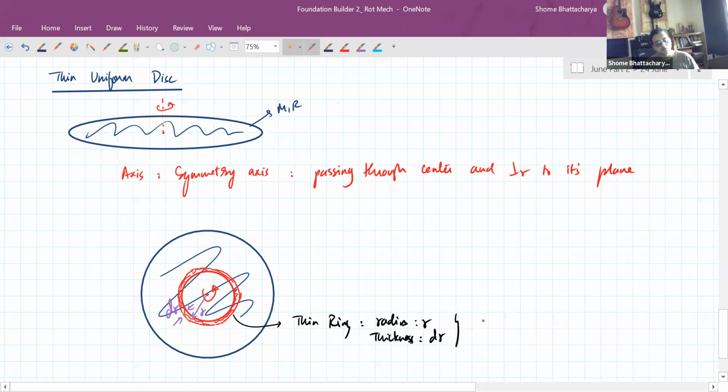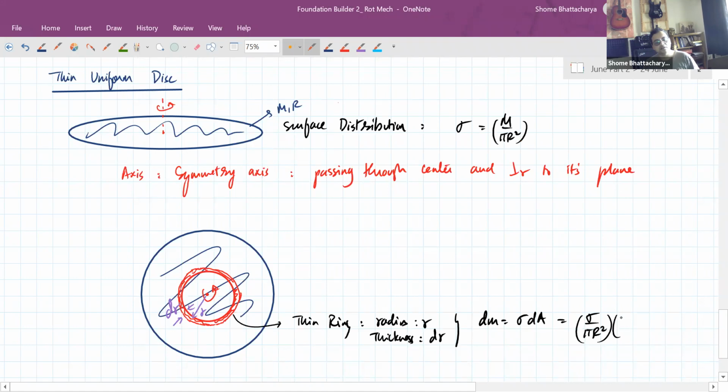the mass of that ring will become sigma into dA. So this is a surface distribution of mass, and it's a uniform thin disk. So sigma is nothing but total mass upon area, which will become m upon pi capital R square.